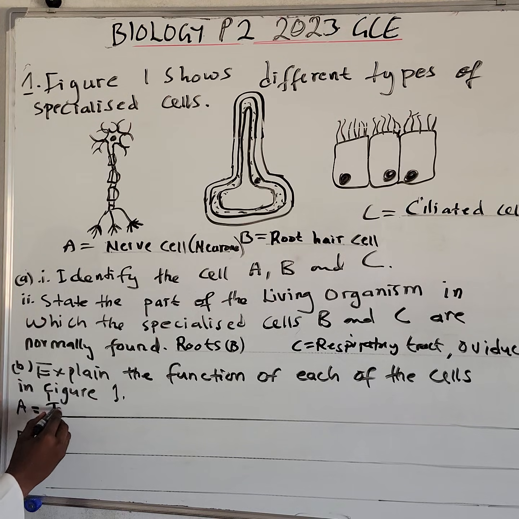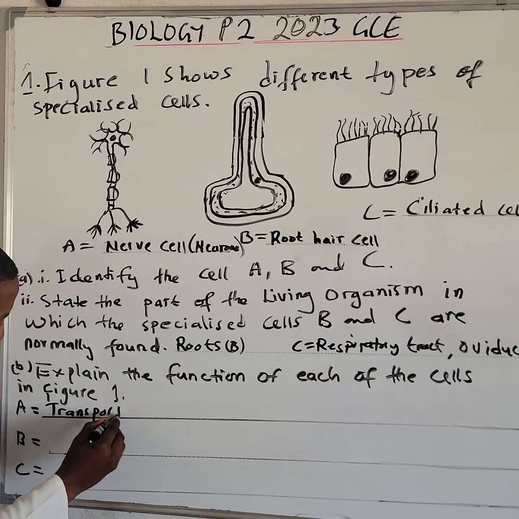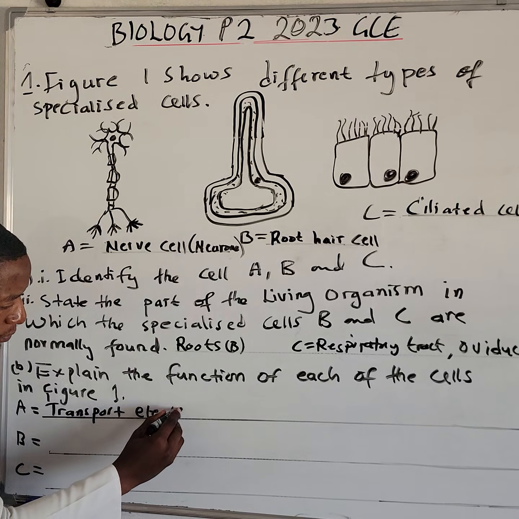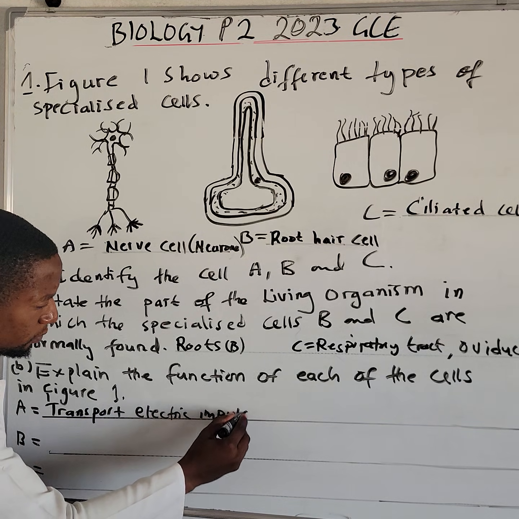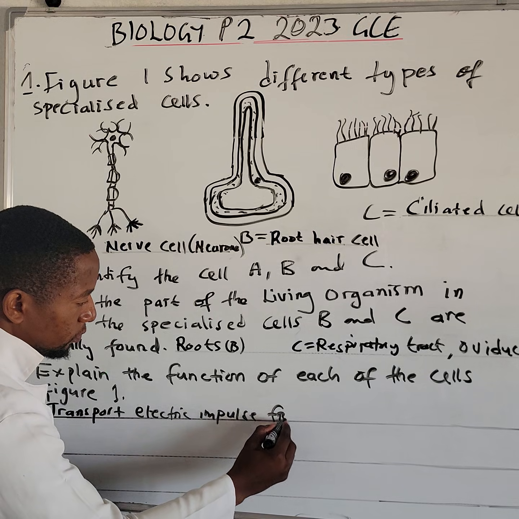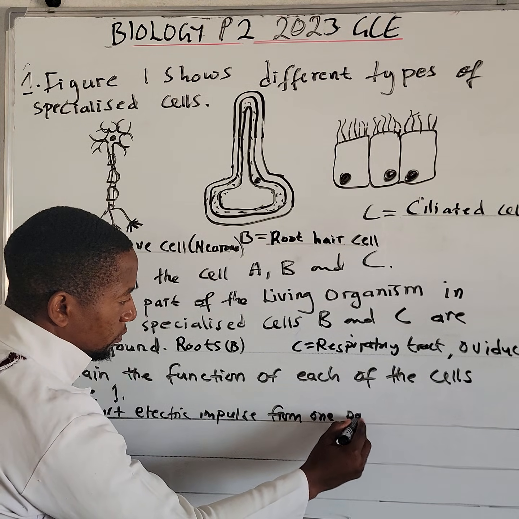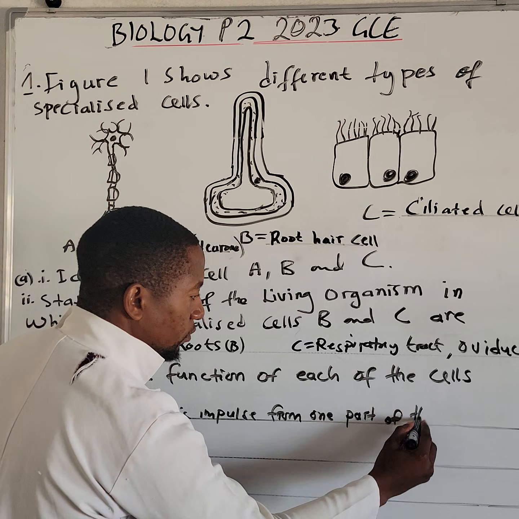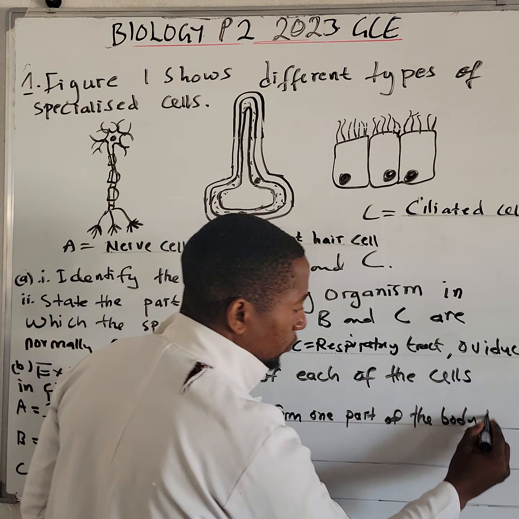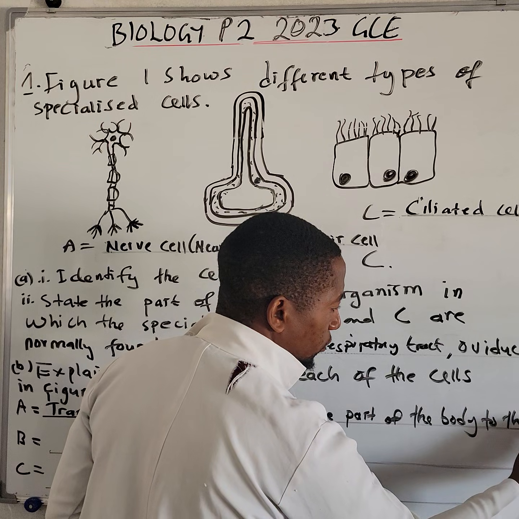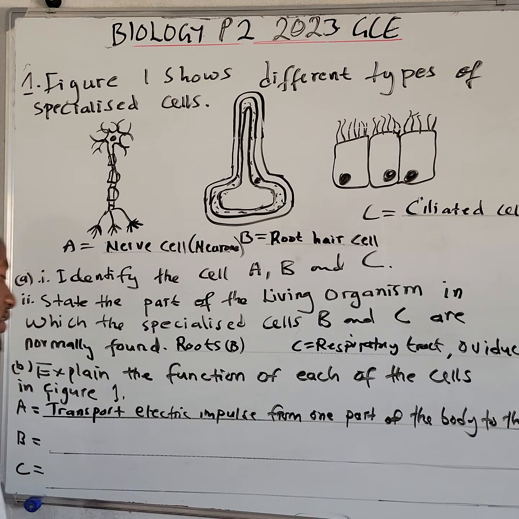So cell A, which is a nerve cell, also known as a neuron, transports electric impulse from one part of the body to the other. That is the role it plays.